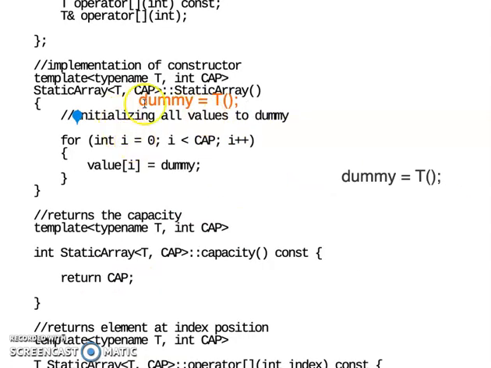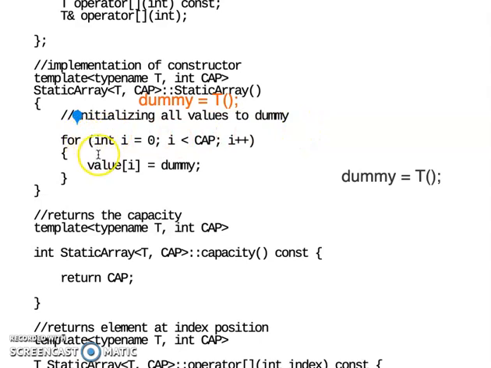Unless you already define dummy equal to T parentheses, assigning equal to dummy is okay. But in your default constructor, the purpose is not to initialize all the values to dummy. This comment is wrong. It's not our purpose.